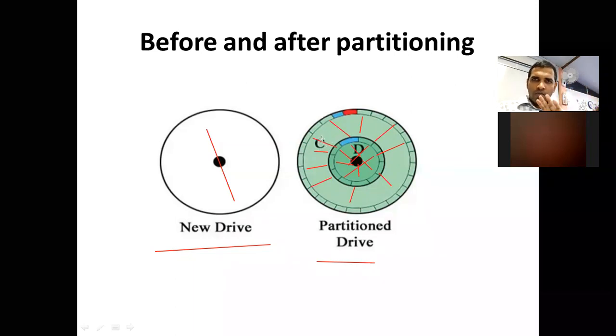In fact, reality is not like this, but we assume that the hard disk is divided into parts.